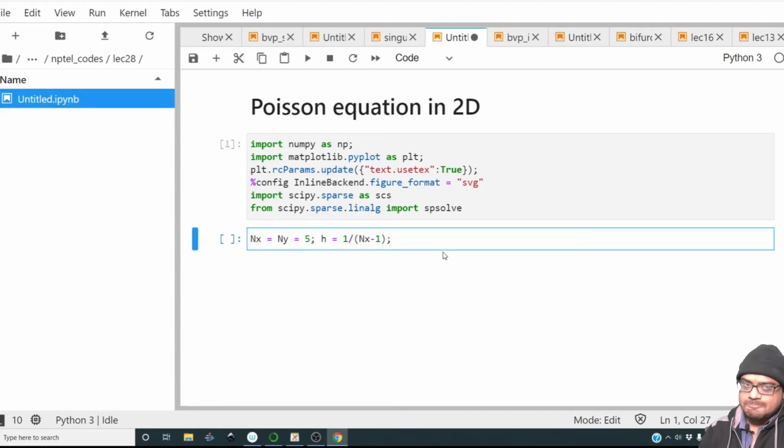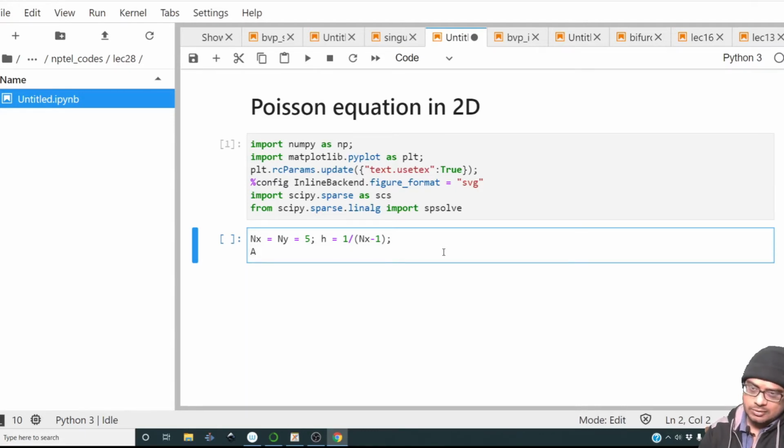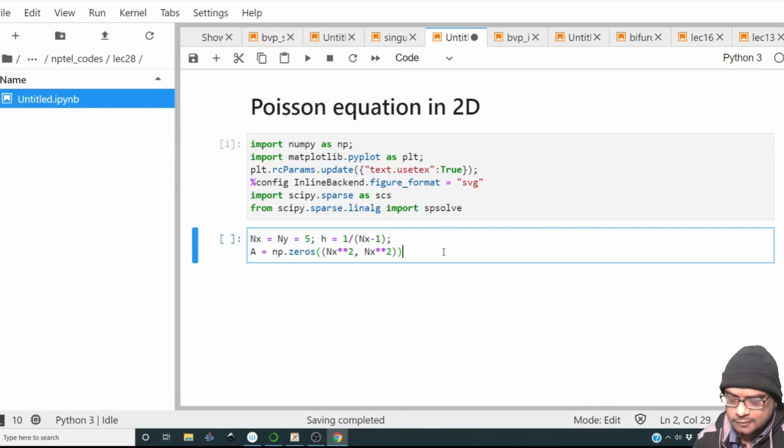and now based on this let us predefine what A and b are going to be. So A is going to be np.zeros, and it's going to have nx square comma nx square. Well, actually it has to be ny square by nx square, but nx and ny are equal, but still for completeness I'm going to make this ny square by nx square. All right, b is going to be np.zeros, and this is going to be nx square comma 1, or actually nx cross ny comma 1, but anyway they're equal, so it doesn't make a difference.